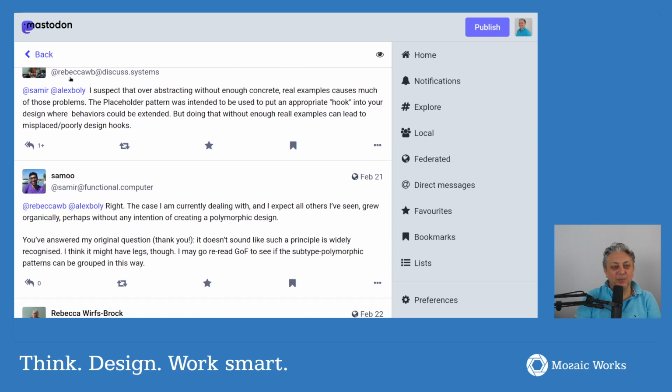And Rebecca, I suspect that over-abstracting without enough concrete real examples causes much of those problems. Very, very important. I think that one of the main problems we had with the inheritance that I faced, particularly in C++, was this: over-abstracting without enough concrete real examples.